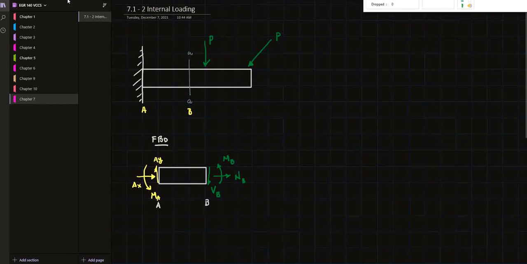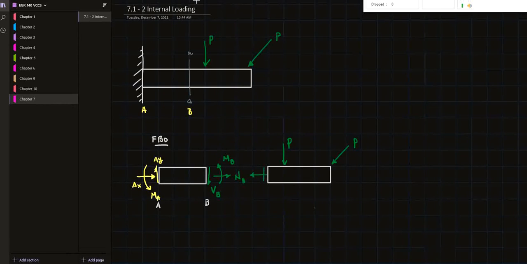And of course, I can draw the other side of the cut over here, the rest of the beam. We'll have the loading on it in this portion. Then we'll have opposing forces. So there's an NB.